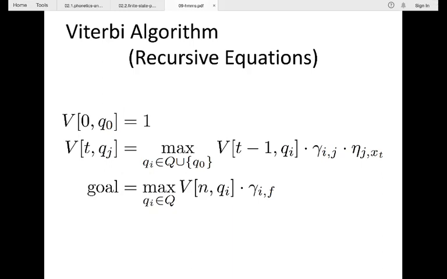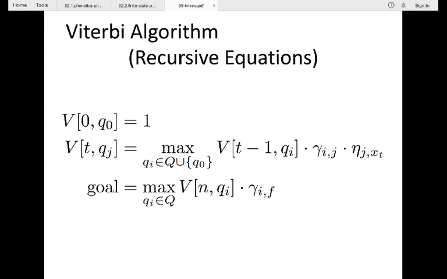So X here is the sequence of words. X sub t is the observed word in that position, at that time step, from state J. So given this definition, then you know all of the paths and everything. You can just find the best one. And that's what this does.